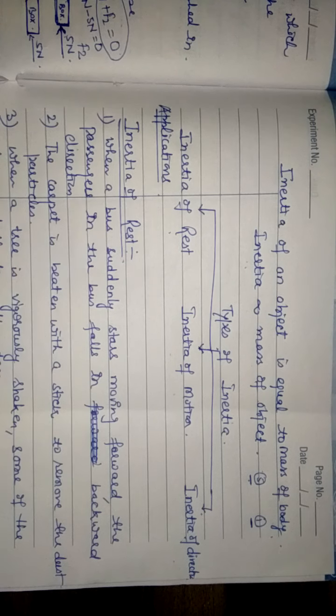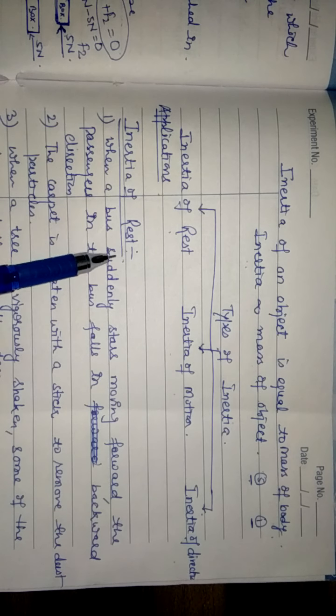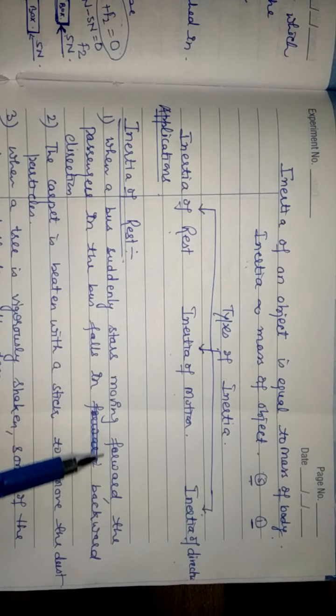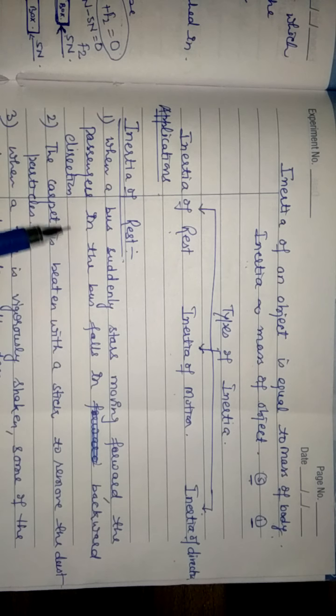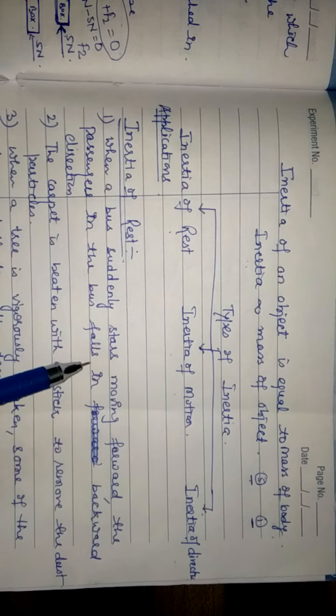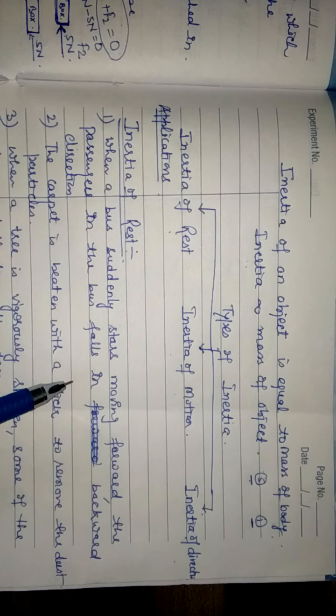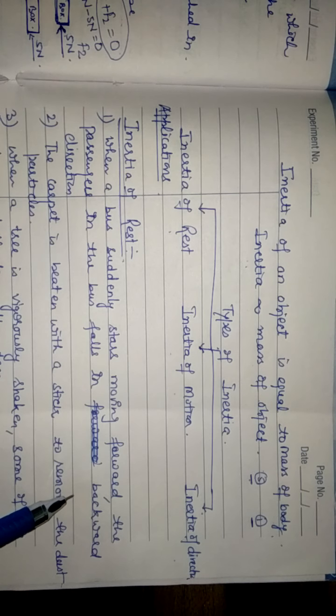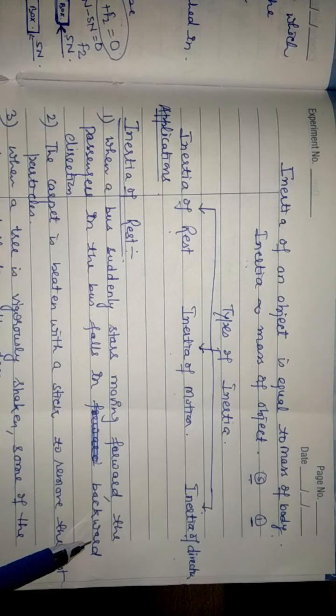Okay, now the applications of inertia of rest. When a bus suddenly starts moving forward, the passengers in the bus fall in the backward direction, because the bus as well as the passengers are in the state of rest and want to remain at rest. Suddenly the bus starts moving, so the passengers fall backward due to inertia of rest.